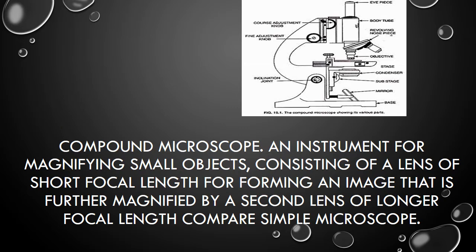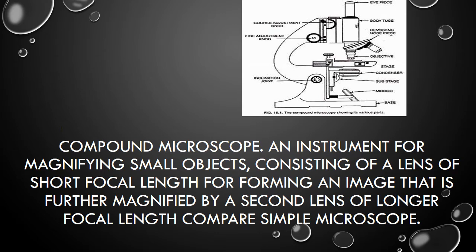This is called a body tube. And these are objective lenses. Here is a stage on which we place the specimen to see things. These are adjustment knobs.